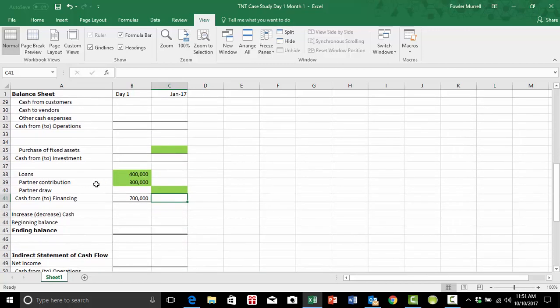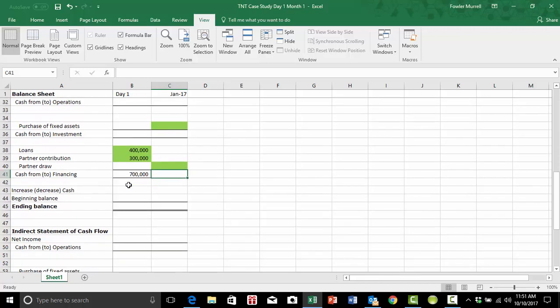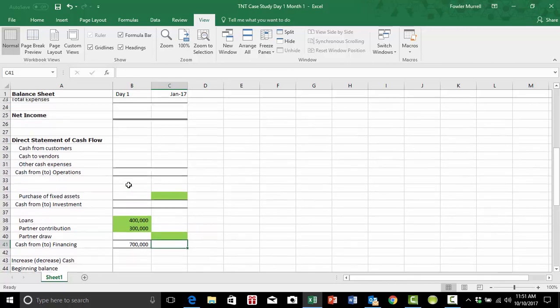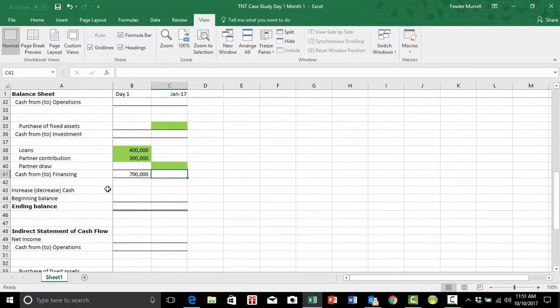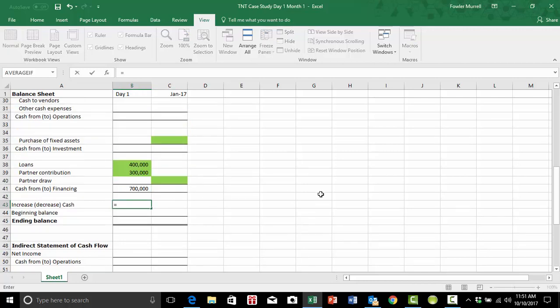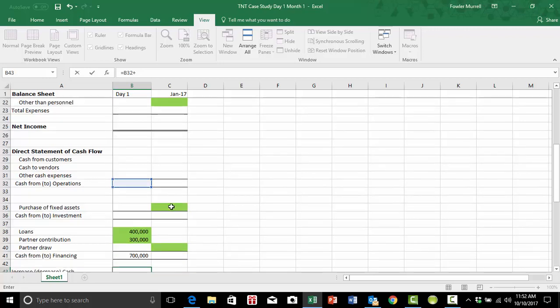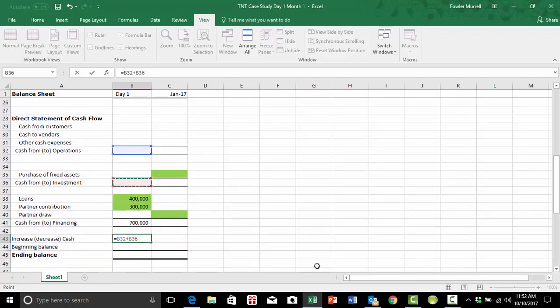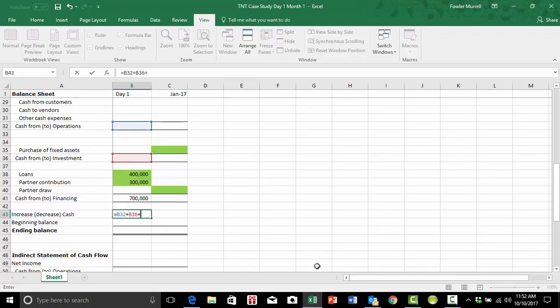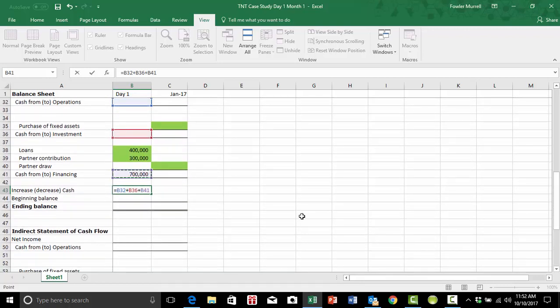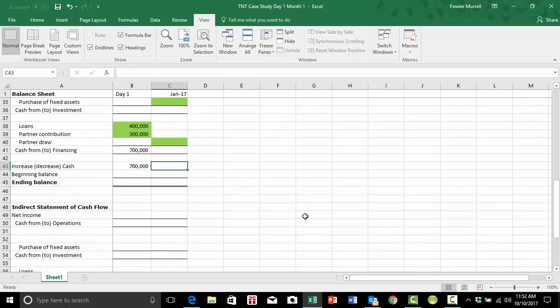We only had items from financing: loans and partner contribution. Now we need the increase or decrease in cash, which equals cash flow from operations plus cash flow from investments plus cash flow from financing, 700,000. So that's our total.